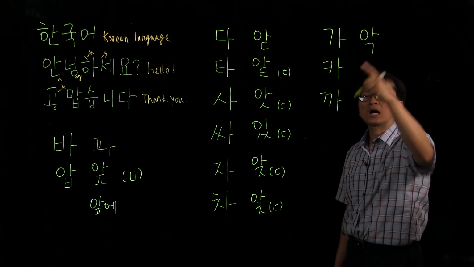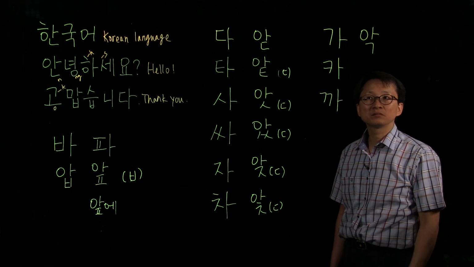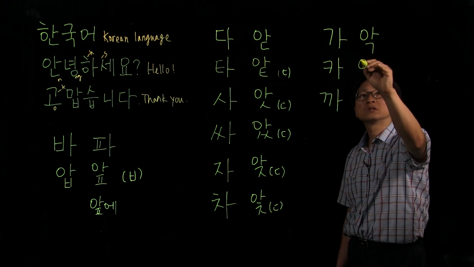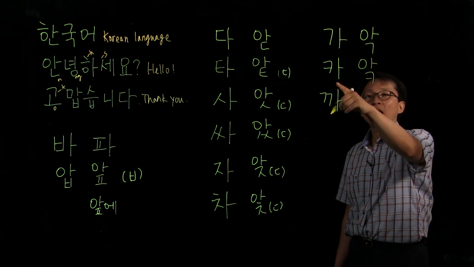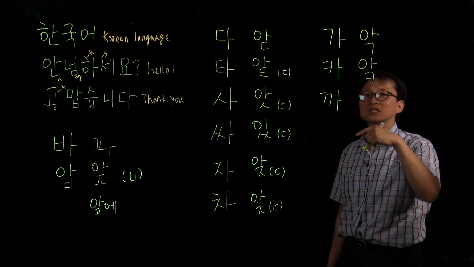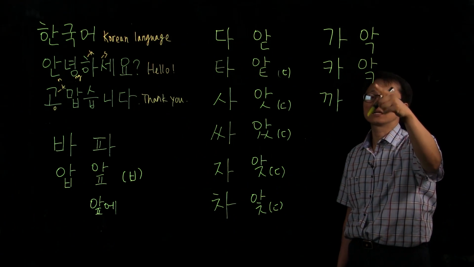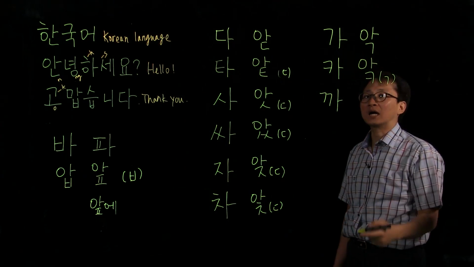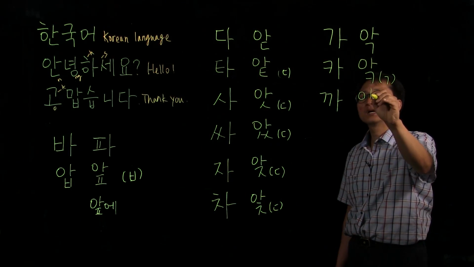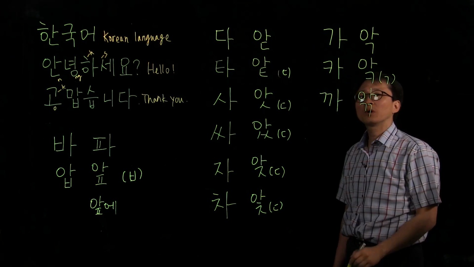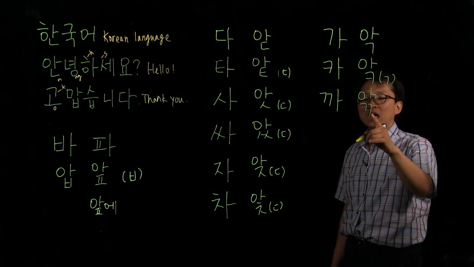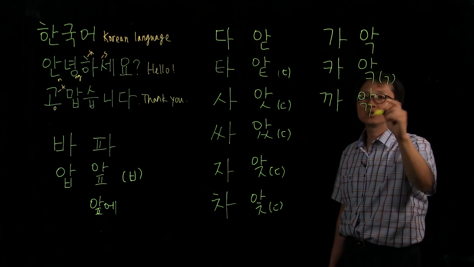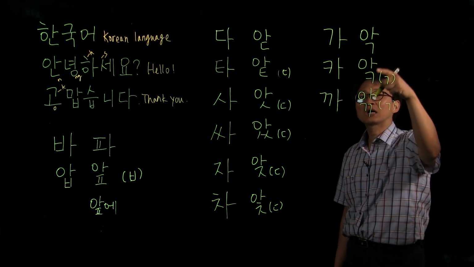Ak. What about this? Ak. We don't release the sound, we just stop there. So ak, the same way. The most representative sound is this, ak. And what about this? Ak. We don't release the sound, so it's the same.